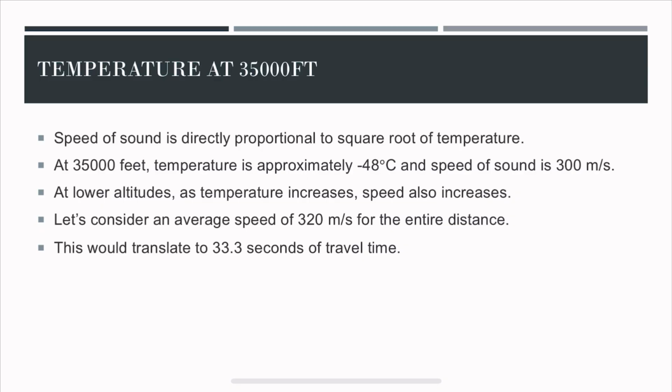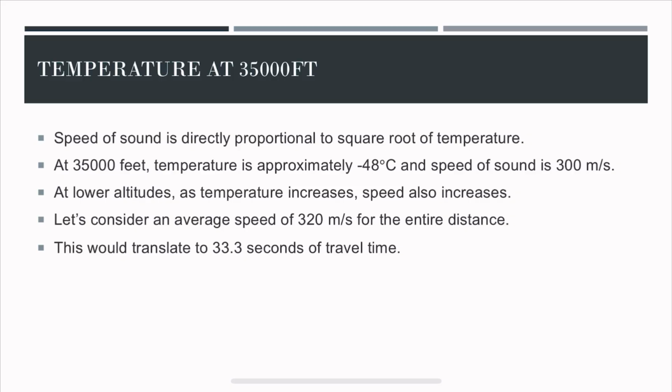At 35,000 feet, the temperature is approximately negative 48 degrees, and the speed of sound at that temperature is 300 meters per second, because the speed of sound does depend on temperature. At lower altitude, the temperature increases and the speed also increases. So there is a temperature gradient between 35,000 feet and the ground.